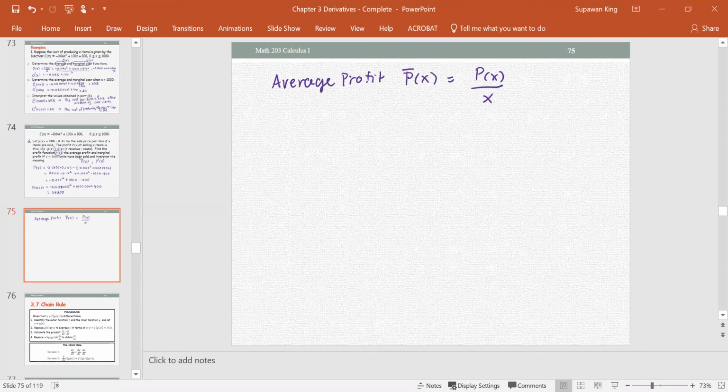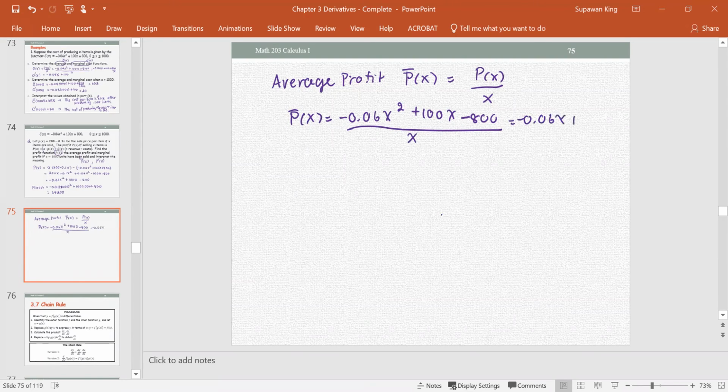And the total profit, or the P, is negative 0.06 x squared plus 100 times x minus 800. Now we divide all by x to get negative 0.06 times x plus 100 minus 800 divided by x as a function for the average profit of selling x items.